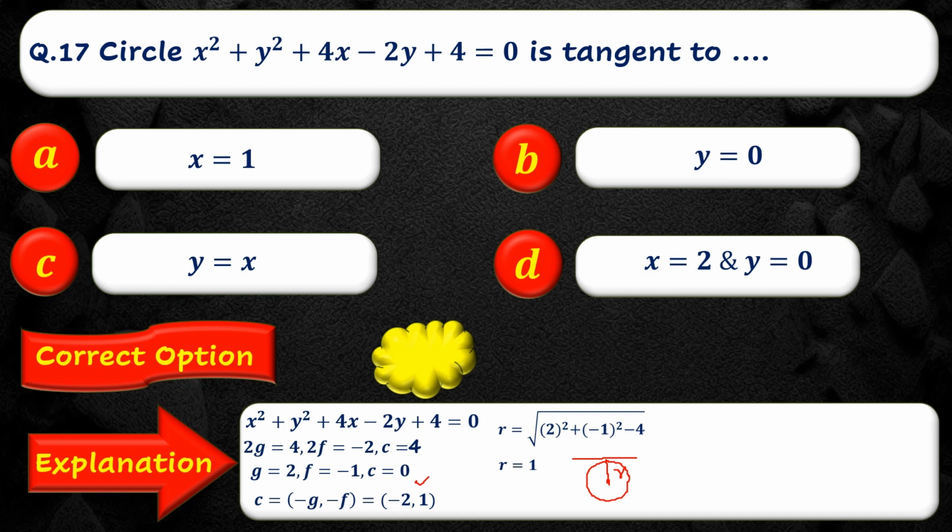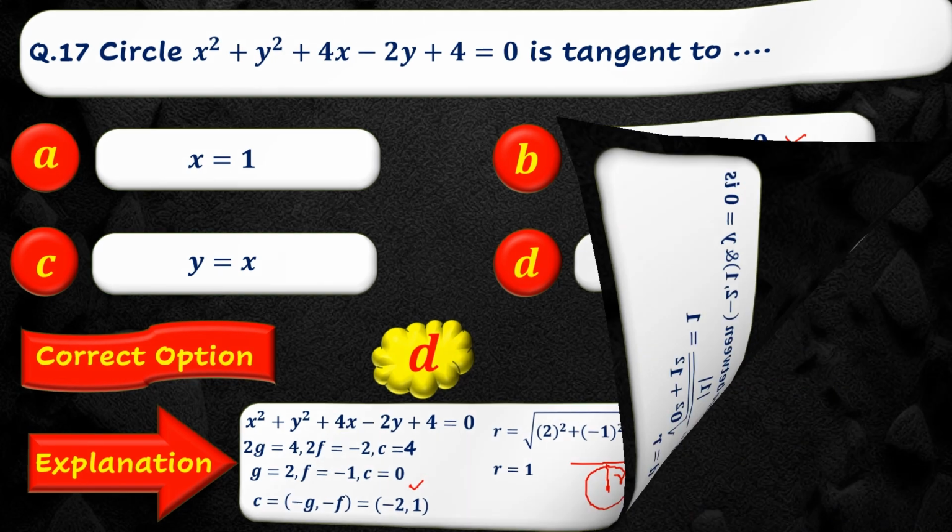We check the line y = 0 first. The distance between (-2, 1) and y = 0, that is center and the line, is d = 1 and that is equal to radius of circle. So the correct option is option B.